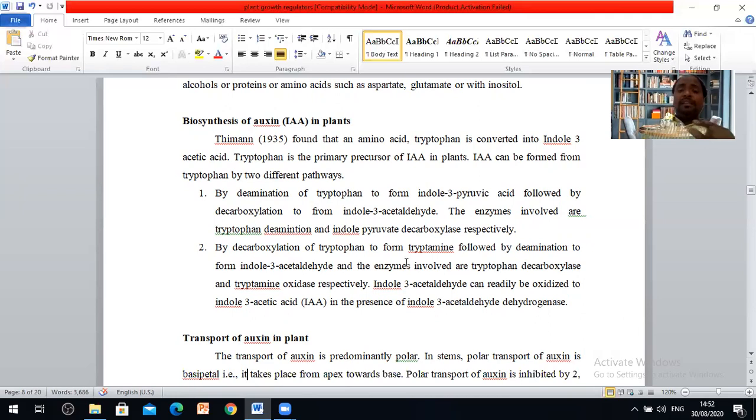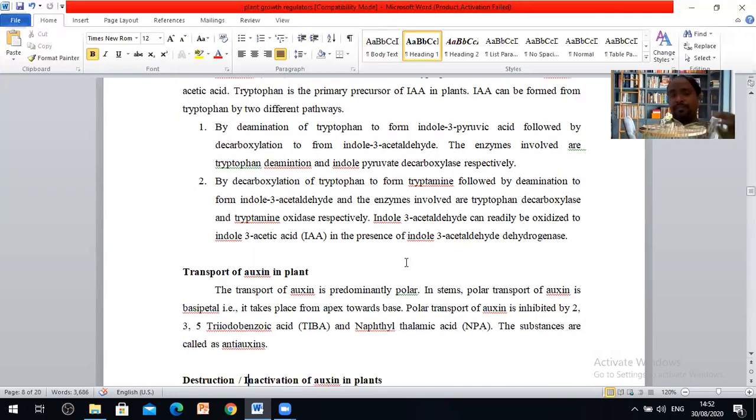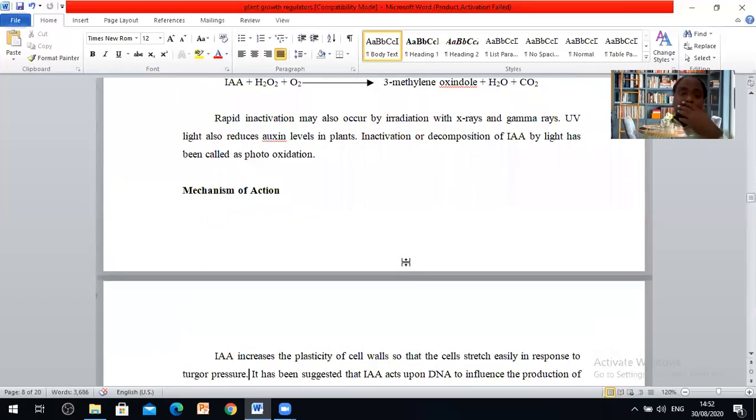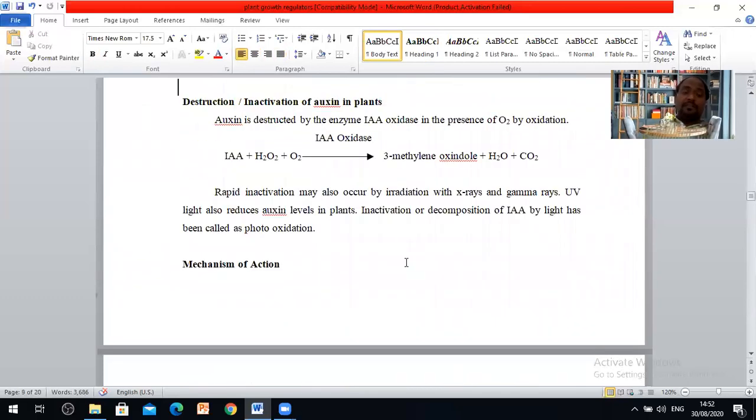The indole 3 acetaldehyde can readily be oxidized to indole 3 acetic acid in the presence of the indole 3 acetaldehyde dehydrogenase enzyme. Here, the indole 3 acetaldehyde formed in the previous step is converted into indole 3 acetic acid. So this is how the synthesis of indole acetic acid takes place in the plant.